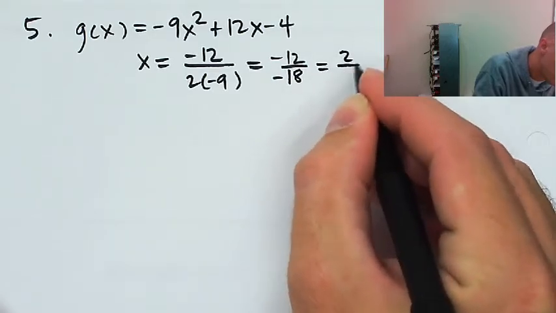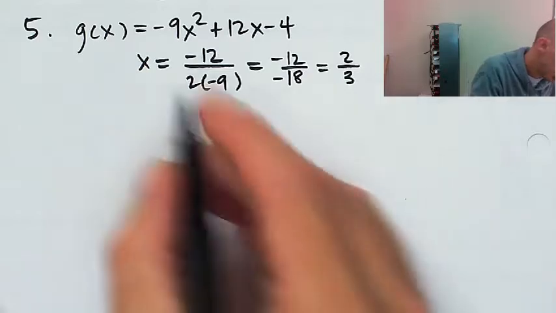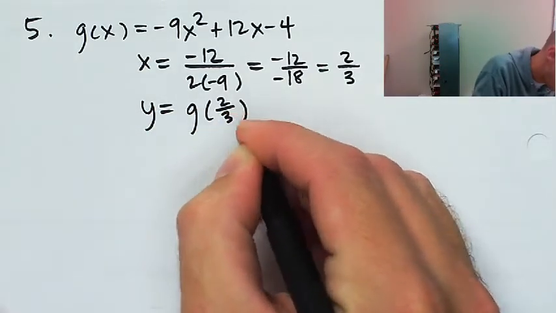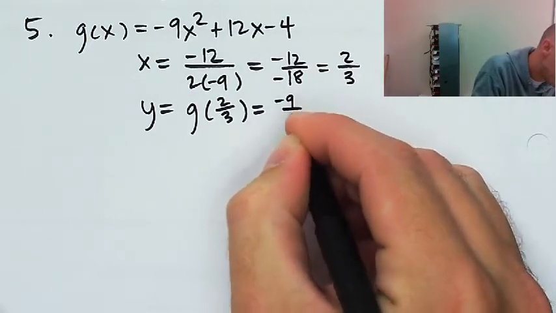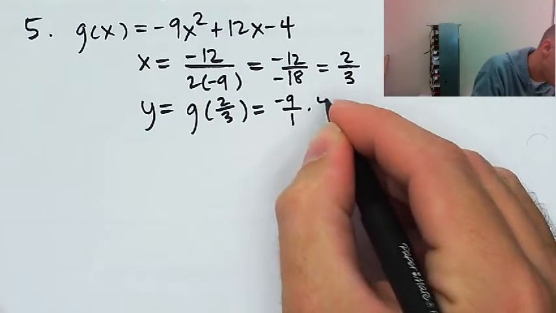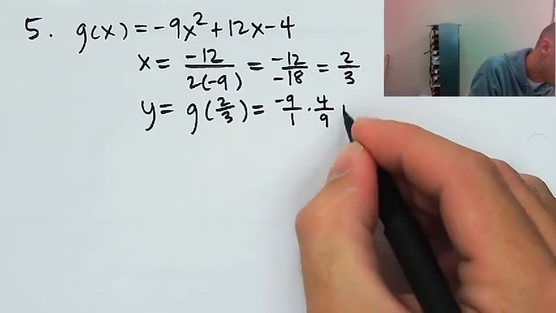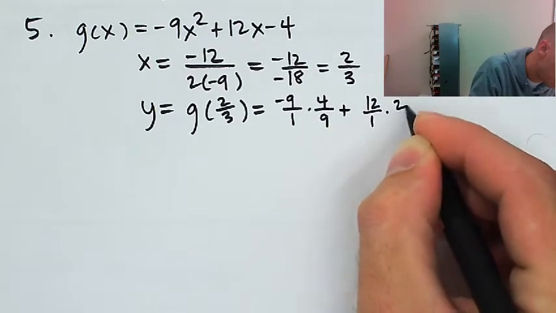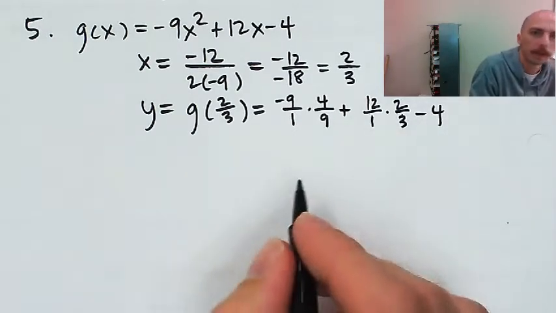And that's going to be 2/3 if I divide both of those by 6. All right, then y is going to be g of 2/3. And then that'll be -9 times, if I square 2/3, I'll get 4/9. Plus 12x, so 12 times 2/3 minus 4.